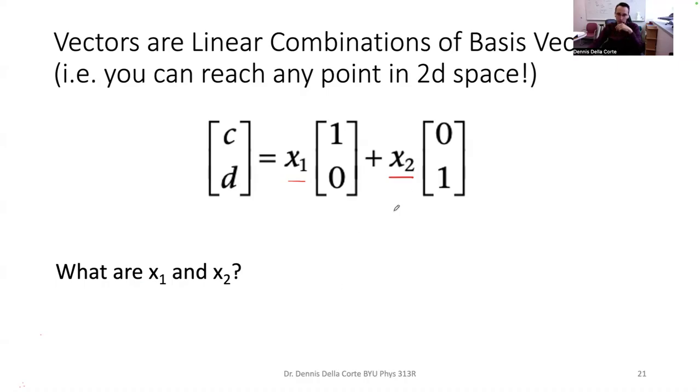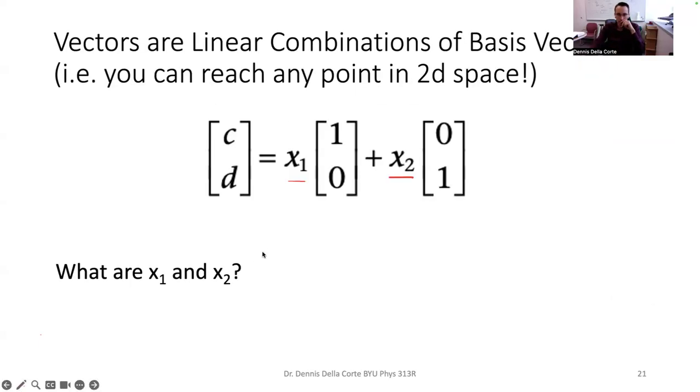Now, obviously, if you can reach any point C and D, you might ask yourself, is there a formula that I can use to figure out how many steps I need to take in the first direction and the second direction? What are x1 and x2 to get to any C and D?